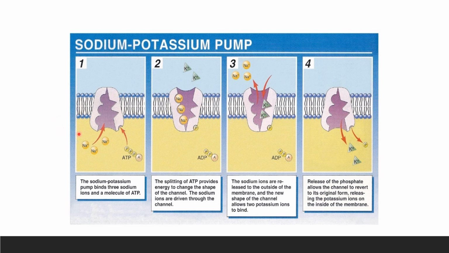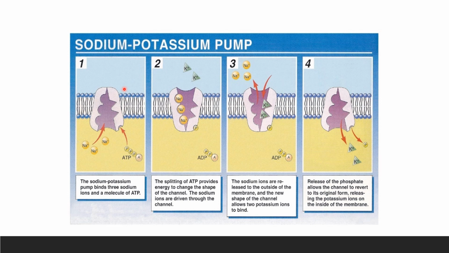That will cause a conformational change. This causes a change in the configuration of the protein, and it will cause extrusion of the sodium ions into the extracellular fluid. The channel is now open on the extracellular side and the sodium ions will go out.